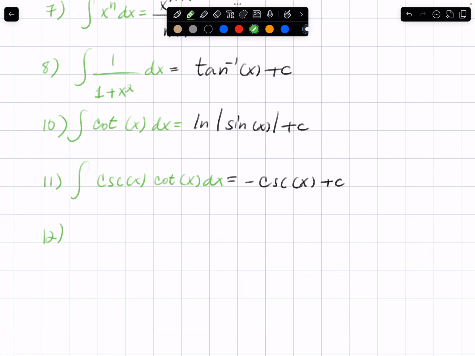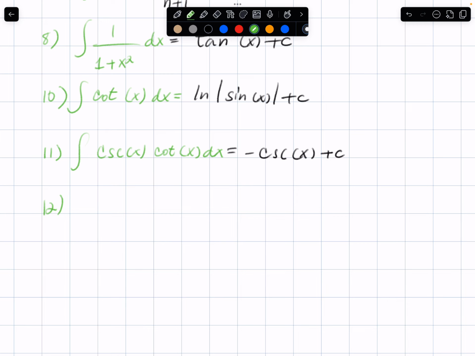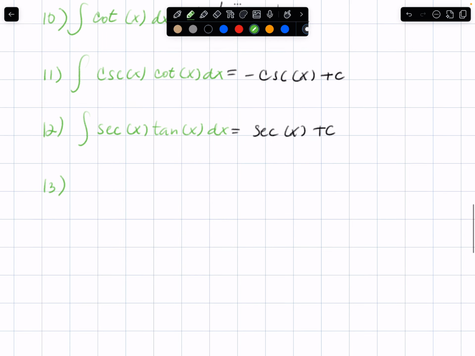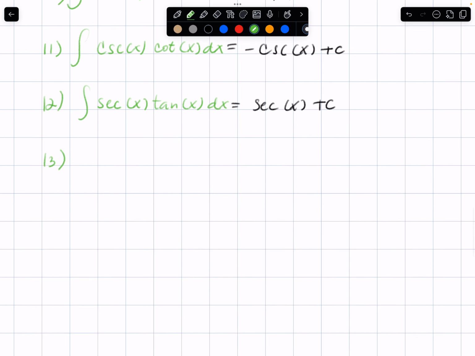All right. And the integral of secant of x times tangent of x dx will turn into secant of x plus c. I'm almost there, just bear with me.